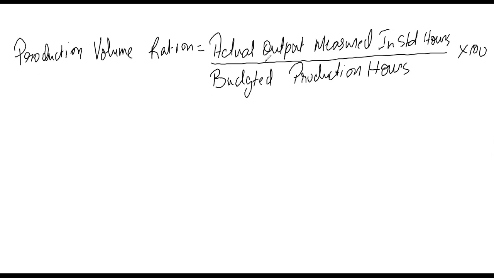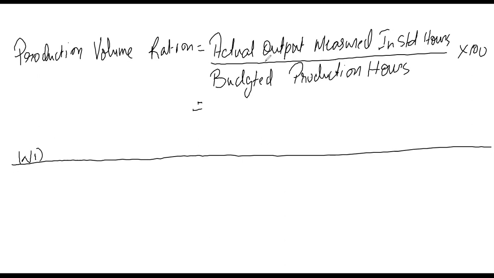Now, the actual output measured in standard hours: what is the actual output that I have measured in these standard hours? For this, I first need to know the standard hours. I need to do some working.